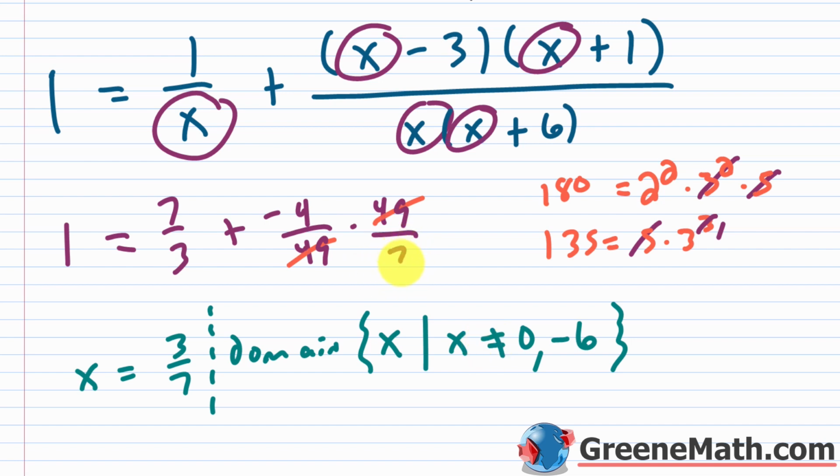So this is going to be negative 4/3 here. If we have 7/3 plus negative 4/3, that's going to give me 3 over the common denominator of 3, and 3 over 3 is 1. So again, we verified our solution. I know it takes a while, but we verified that x equals 3/7 is valid.